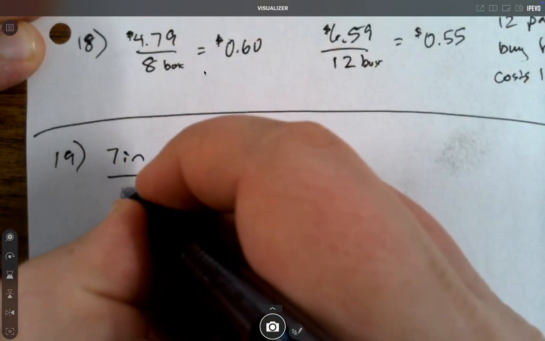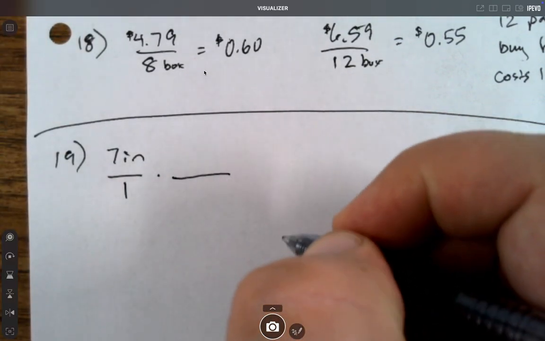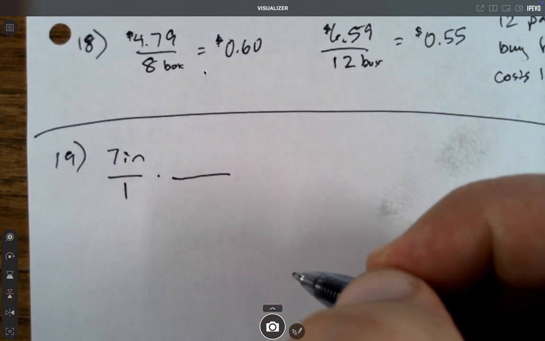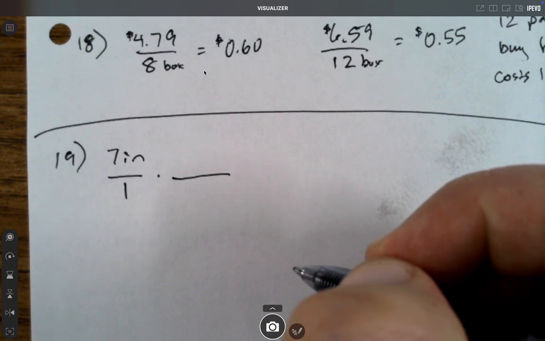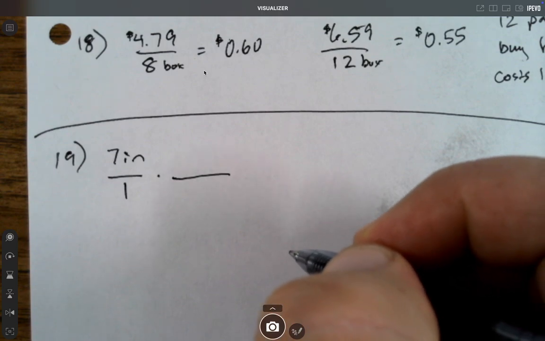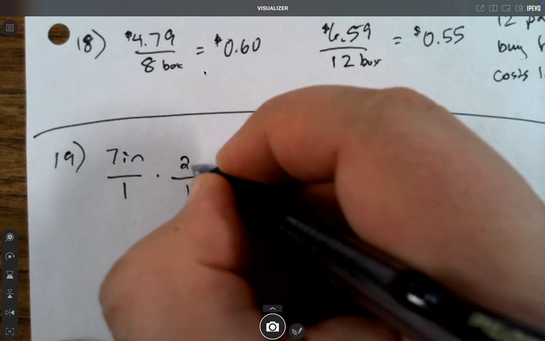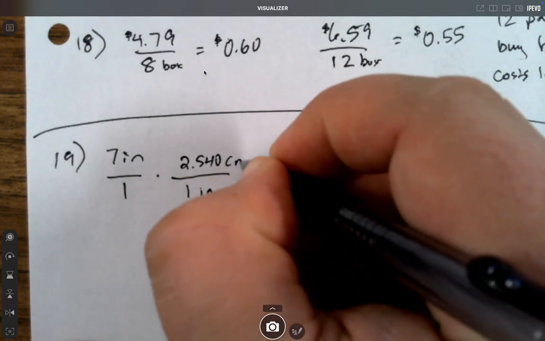So we'll say 7 inches over 1, just to make it a fraction. And we want to convert it from inches to centimeters. So if you look, very first line, right under the length, says 1 inch is about 2.540 centimeters. So I put 1 inch on the bottom, 2.540 centimeters on top.